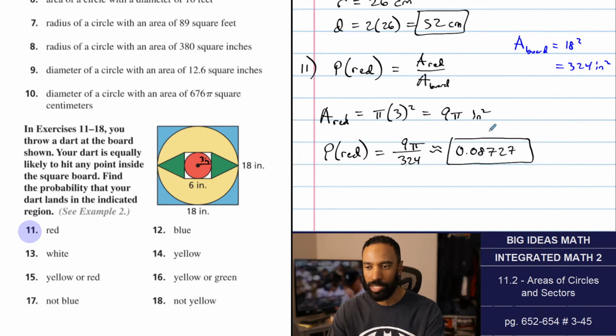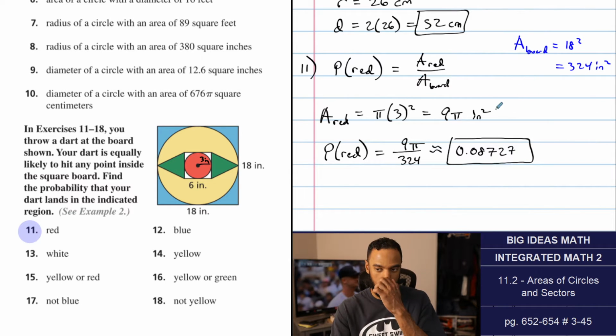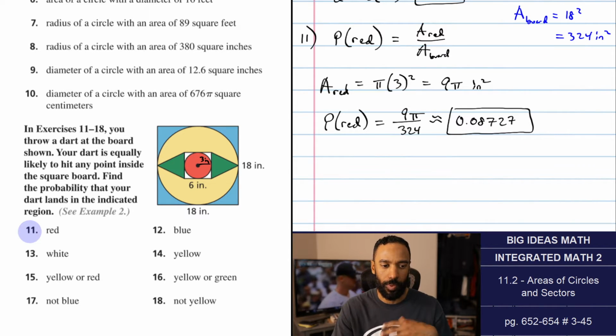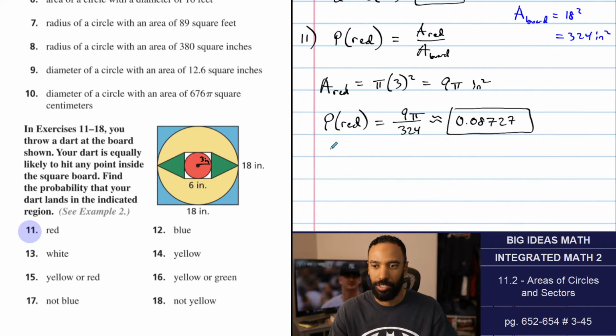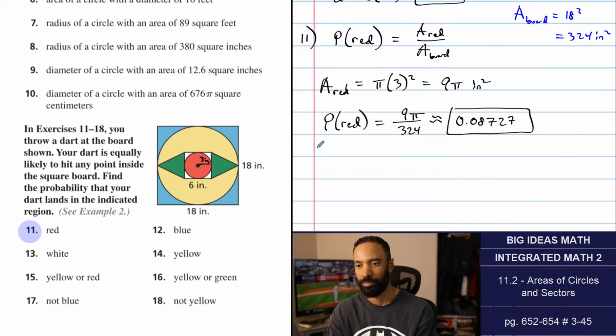That's around 8.7%. So the probability of hitting the red is around a 9% chance. Getting in near that bullseye. This is a dartboard.